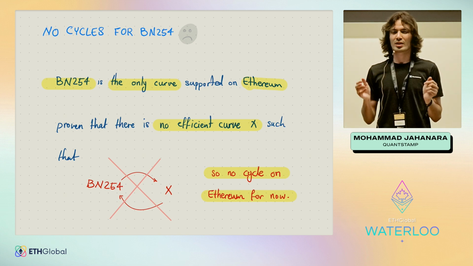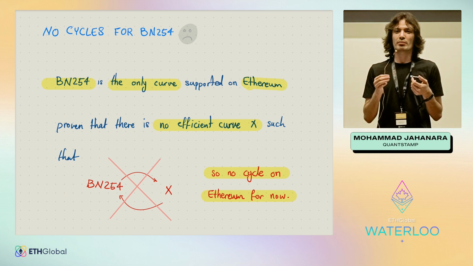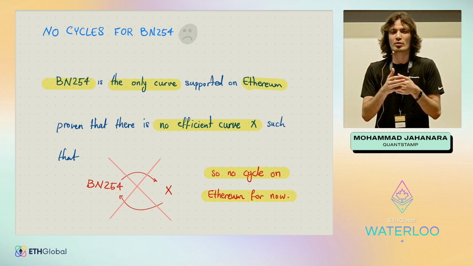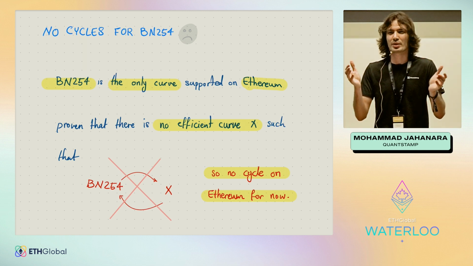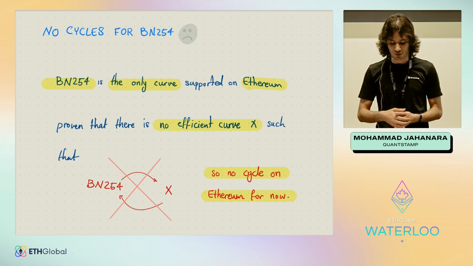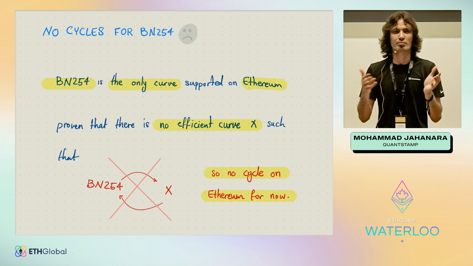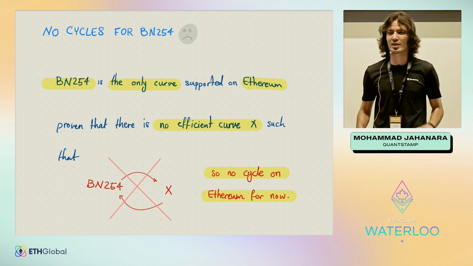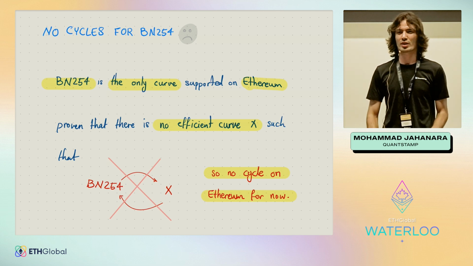It's not worth it. People have proven mathematically that there is no efficient pairing-friendly cycle of elliptic curves for BN254. So there's no hope. This approach is not going to work for us on Ethereum.